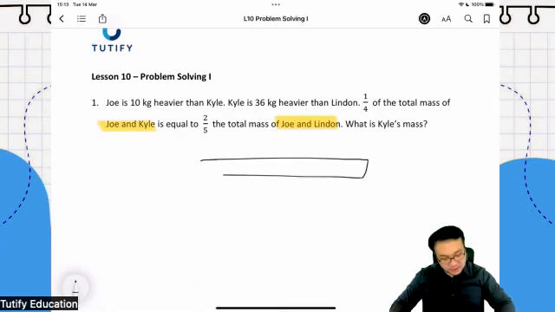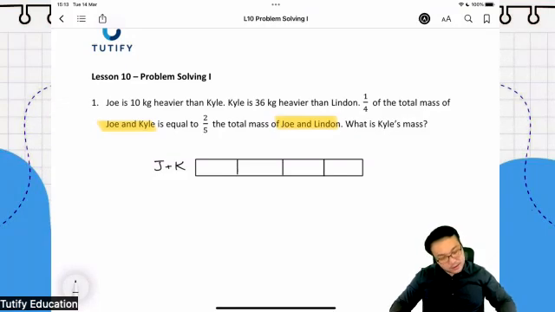We're going to say, okay, this is Joe and Kyle. And they say 1/4 of Joe and Kyle. Let's draw 1/4. There, this is 1/4 of Joe and Kyle. And it equals to 2/5 of Joe and Lyndon. That means you need to draw 2 units here. 2 out of 5, right?